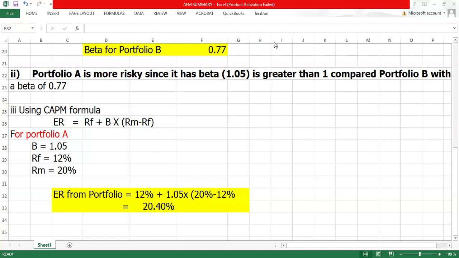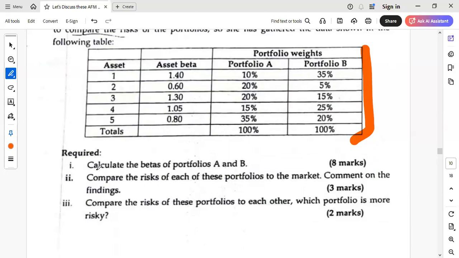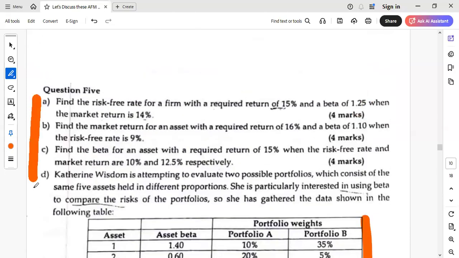Any other question? This is like what we have discussed. Remember, it is a different question, but the examiner can repeat. I believe you can answer this. Find the risk-free rate.